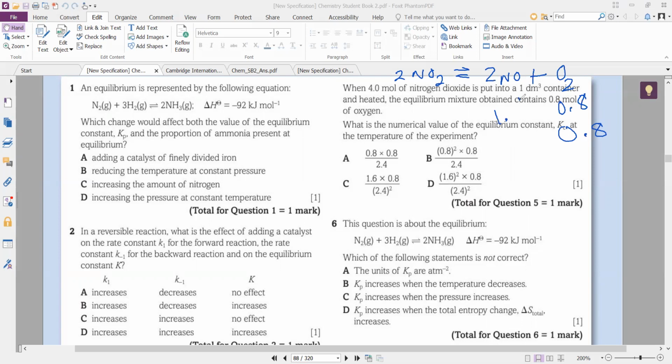So 1.6 of this is formed and 1.6 of this reacted. So the remaining is 2.4, 1.6. The answer is this.